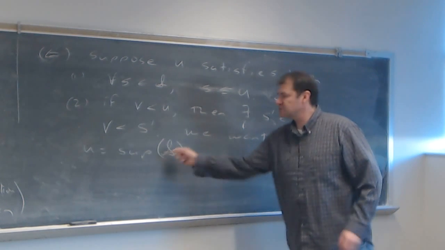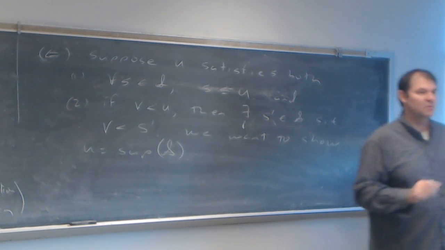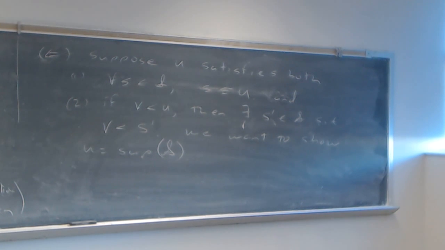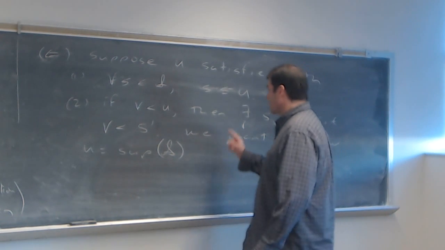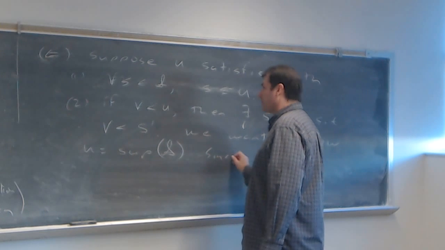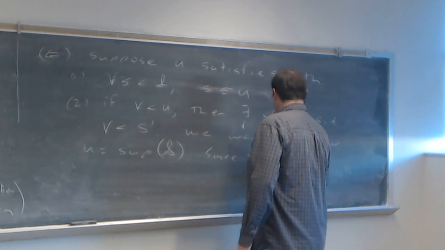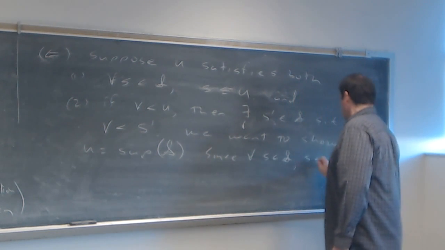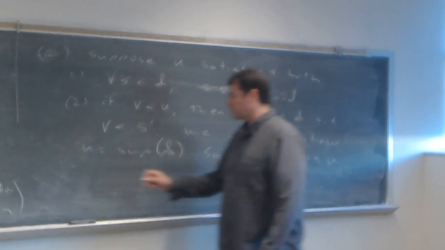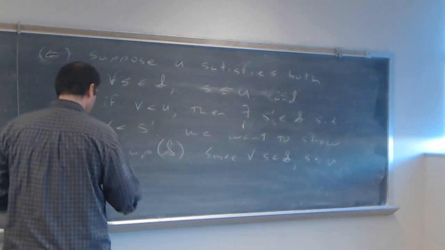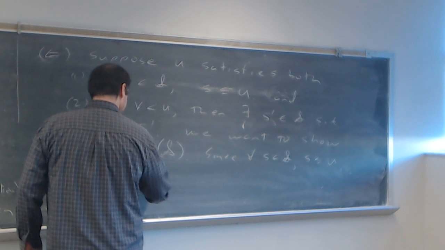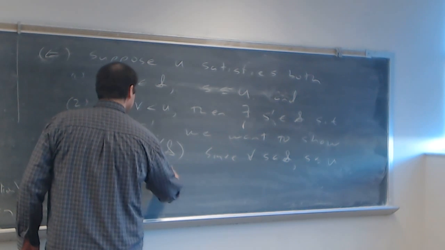Okay, how do I show something's the supremum of script S? The only thing I've got is the definition of the supremum. To be the supremum, you've got to satisfy two things. One, you're an upper bound, and two, you're the least upper bound. Is that right? Okay, so here, to show that it's an upper bound, since for all S element of script S, S is less than or equal to U, by assumption 1, what does that tell me?